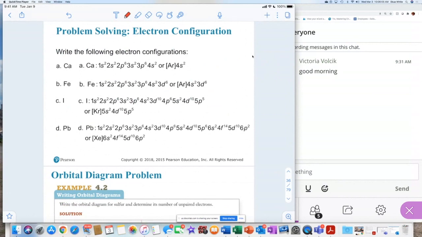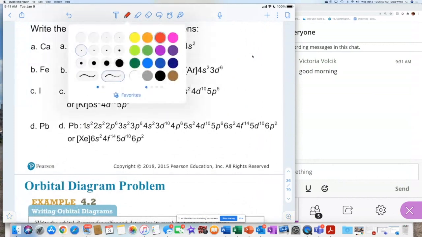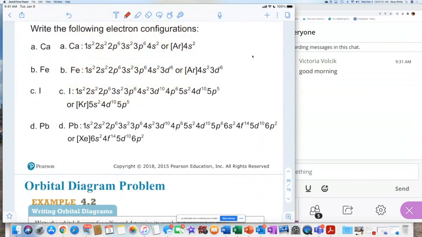And I'm just going to talk about this. I won't go into the details. With the ones that have the transition metals like iron, you go through and they have pretty much 1s2, 2s2, 2p6, all of these in the shorthand using argon. Remember, argon has what, 18 electrons?